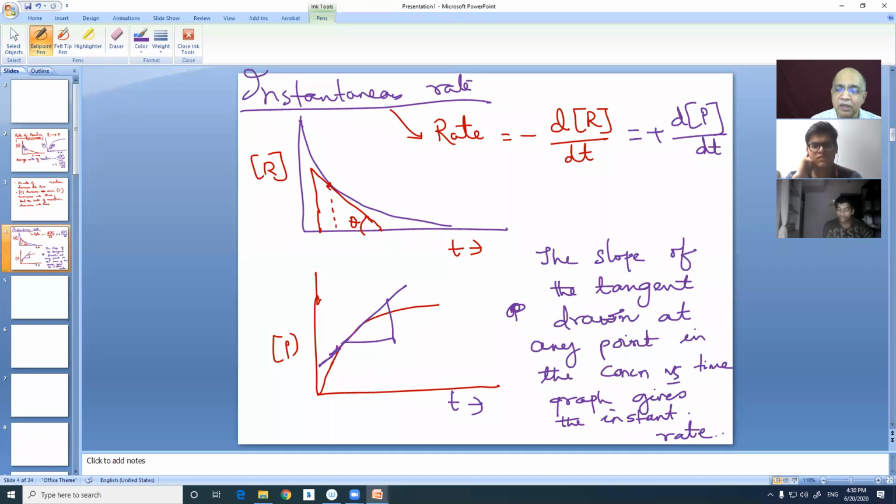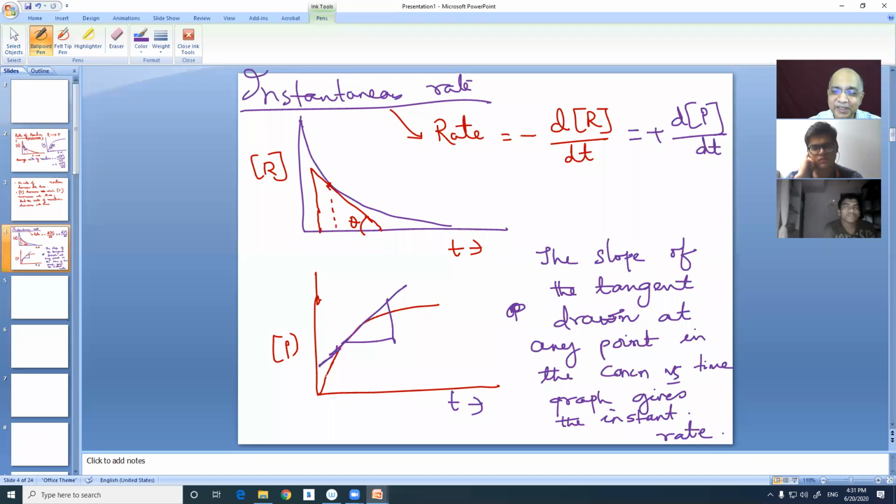Interestingly, if you are following the same reaction at the same temperature and at the same instant, then the two values are the same.